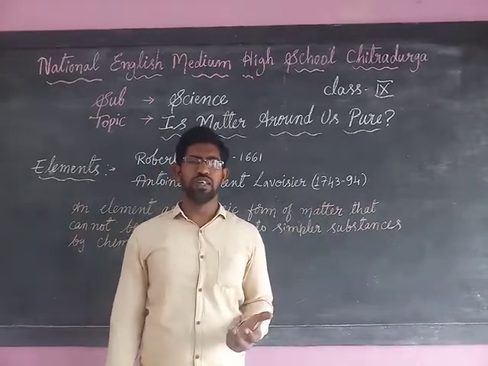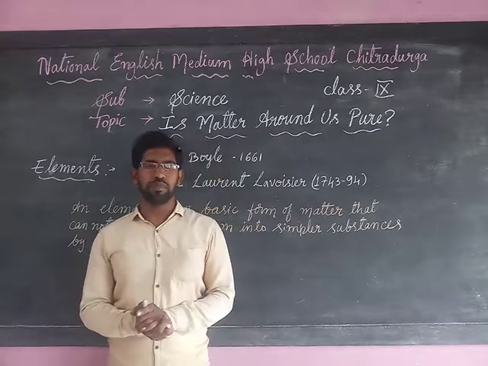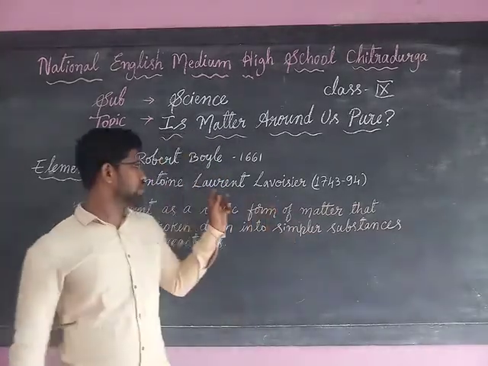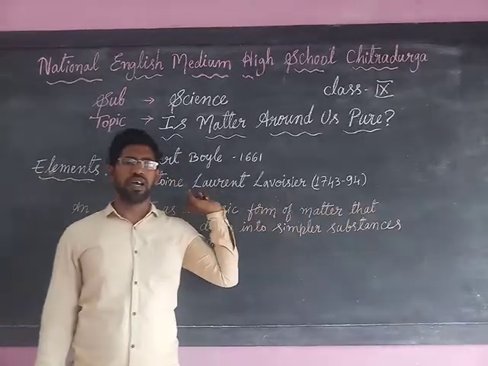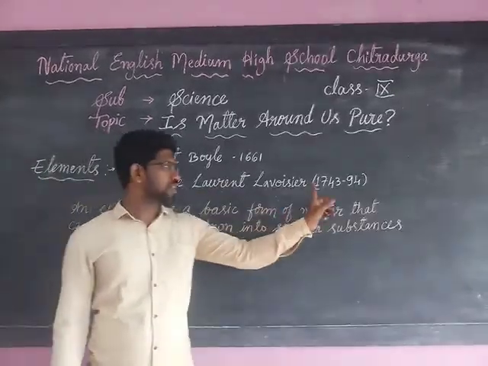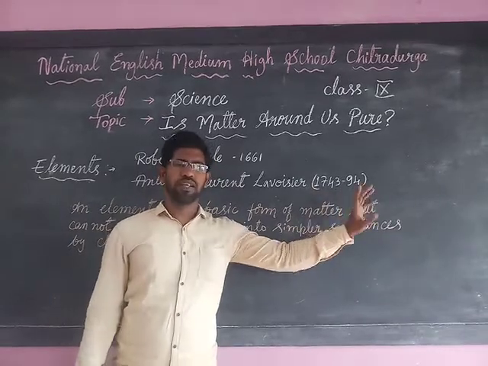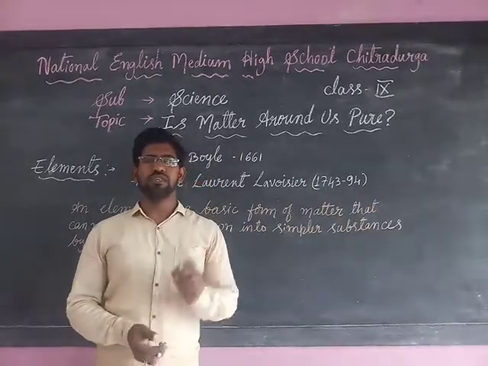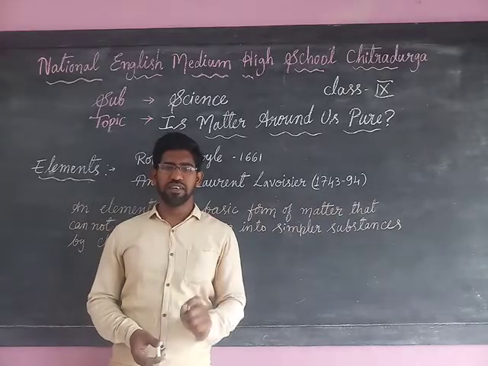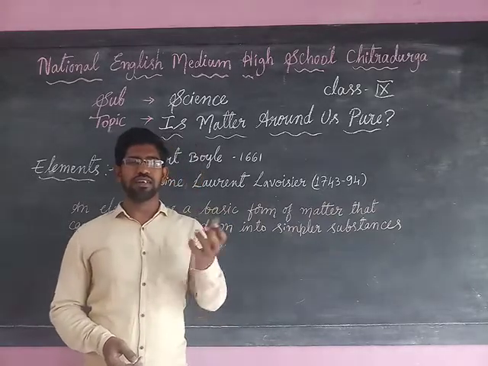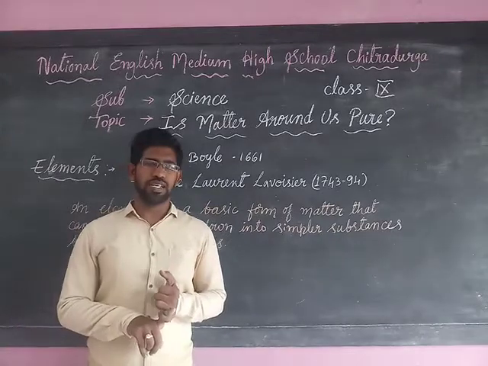Understood? After him, one more French chemist, called Antoine Laurent Lavoisier. Remember Antoine Laurent Lavoisier, from 1743 to 94. He is the first scientist who experimentally identified and gave the exact definition based on his experiments.